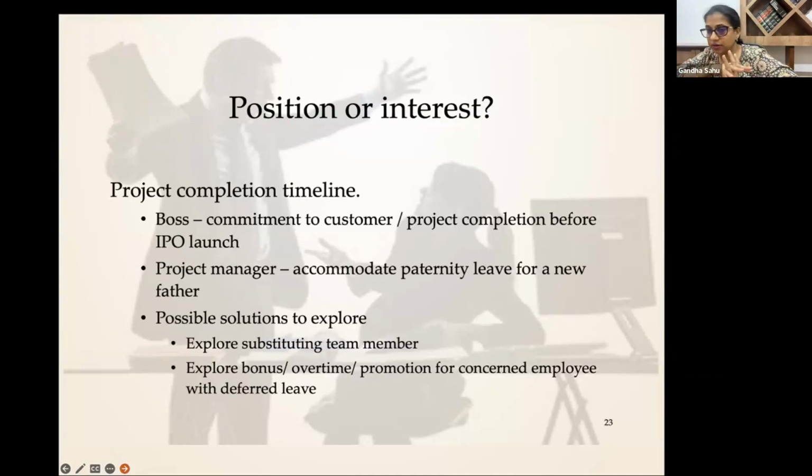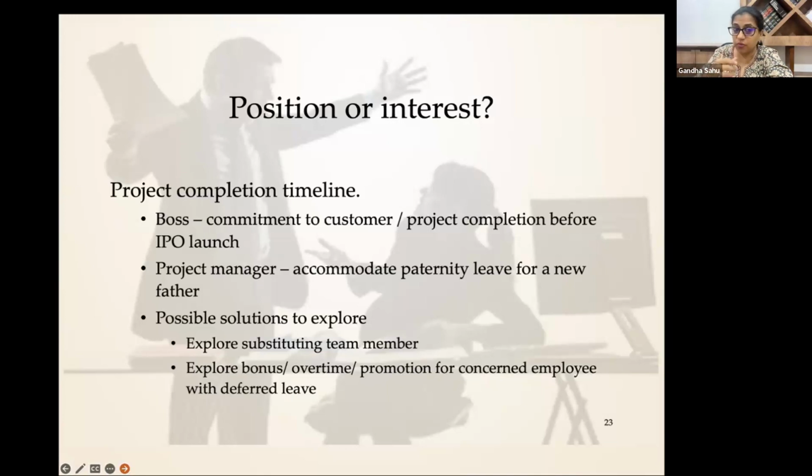Yes. So here in the earlier example, the project completion timeline, the boss's interest could be a commitment under a contract to a customer, project completion before IPO launch. There could be various factors that the timeline depends on.